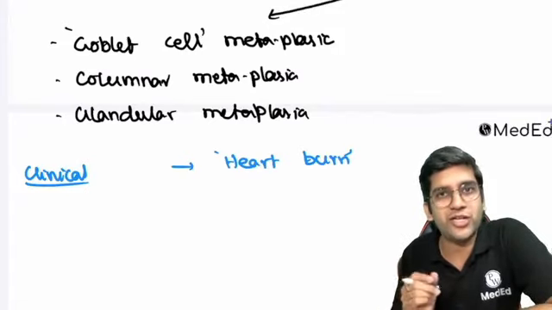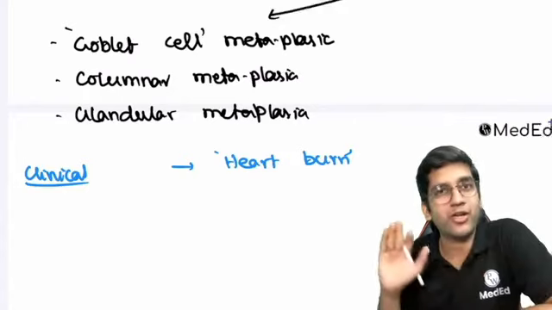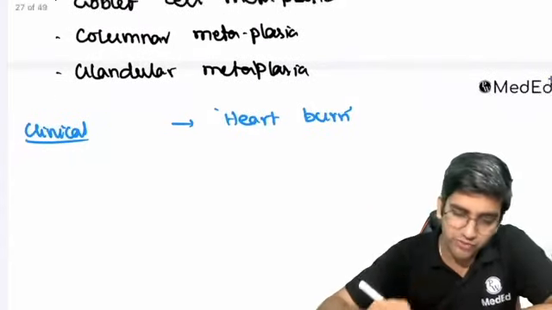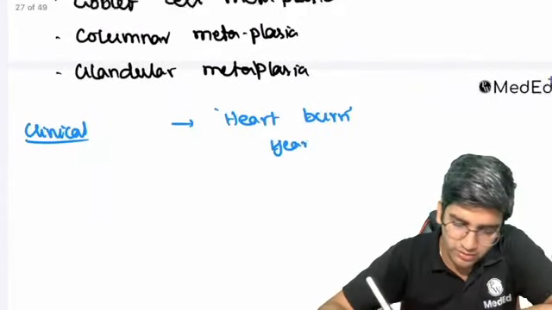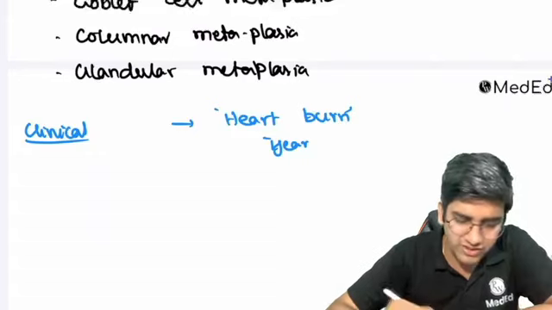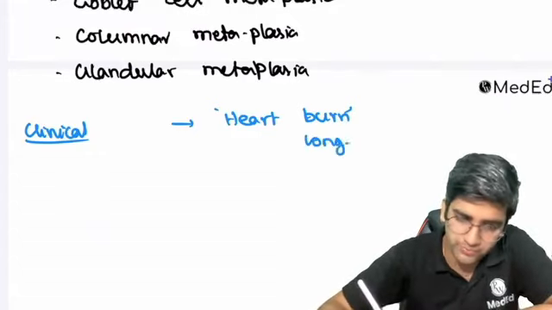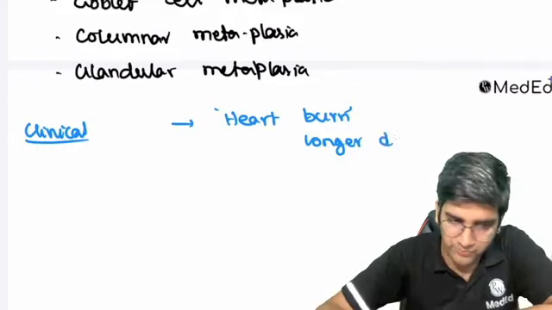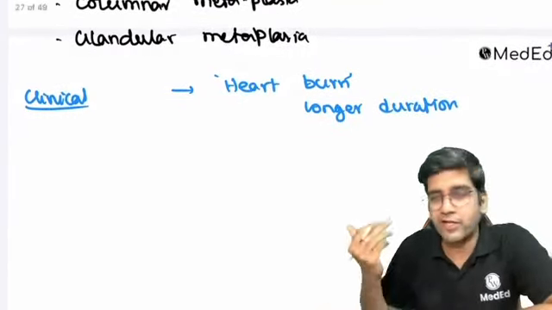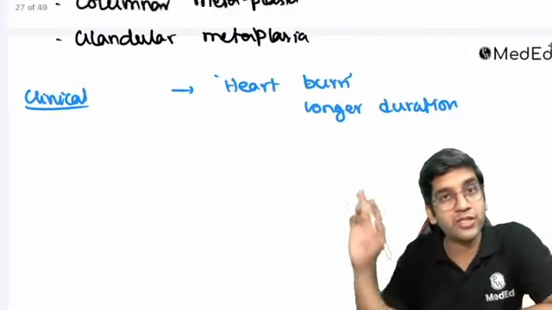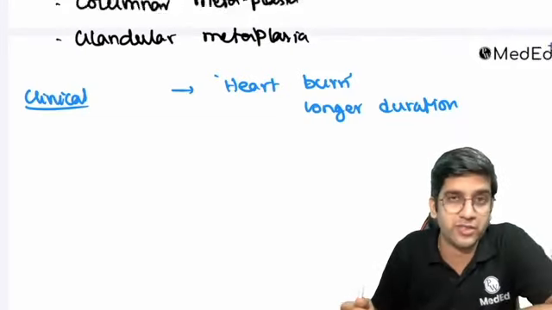So an acute GERD for 1 or 2 days is not a concern for me. Chronic for years together is a concern, right? Let's say like 2-3 years. I'm not mentioning years, but I'm just saying a longer time. Heartburn for a longer duration is definitely a concern, right? Perfect. Because an acute one is not a problem for me, it will automatically get sorted. Heartburn for a longer duration, there's a chance it can become Barrett's esophagus.